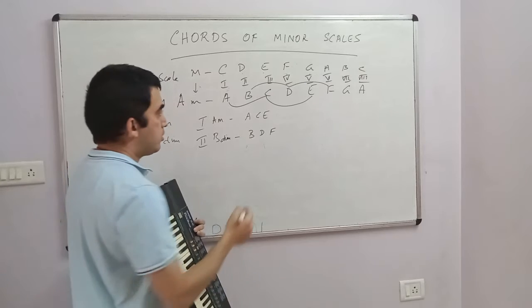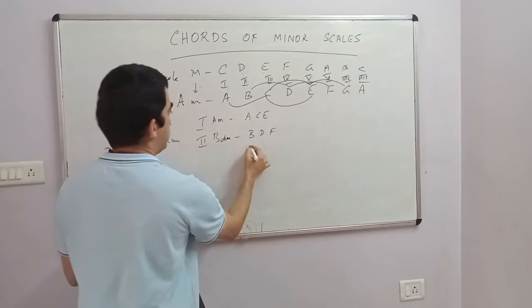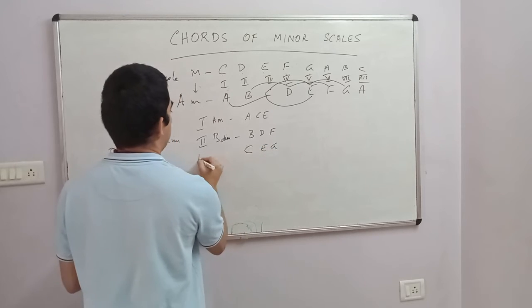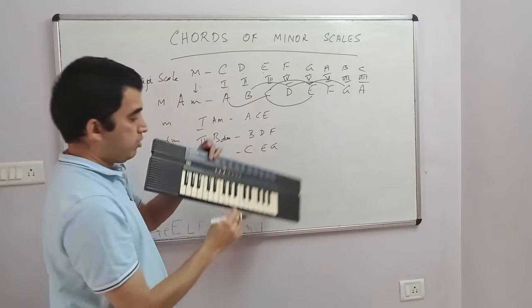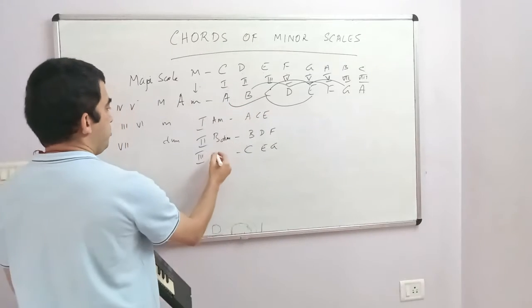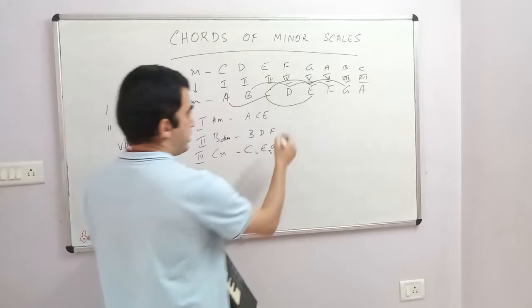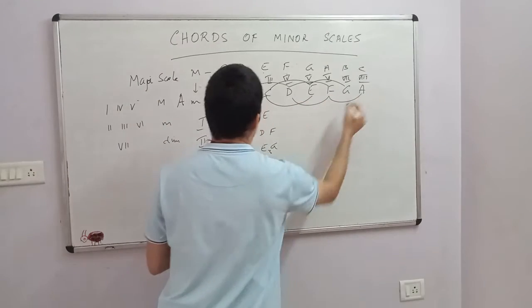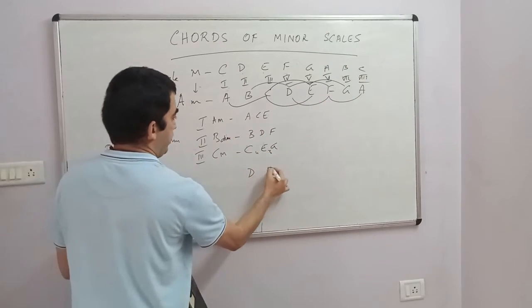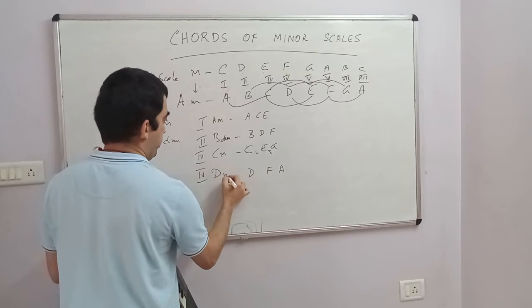Next chord will be C, E, G. That's the third chord. This will be C major. It's 4 and 3. The next you have D, F, and A, the fourth chord. This will be D minor.